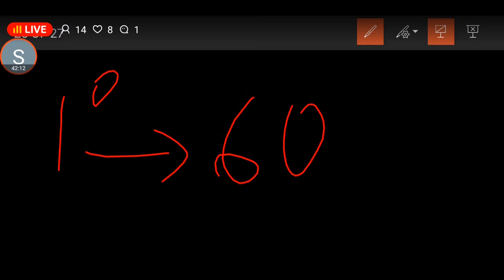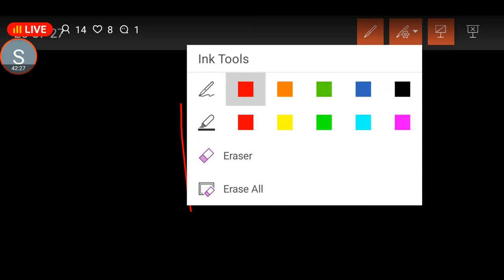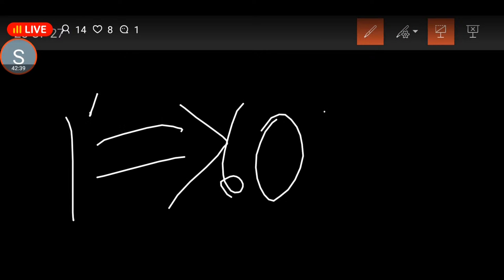We divide 1 degree into 60 equal parts, and each part is called 1 minute, and we represent 1 minute by writing 1 and putting a tick mark on it. Then we divide 1 minute again into 60 equal parts, and each part is called 1 second.